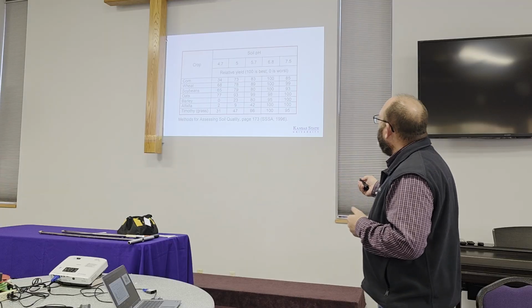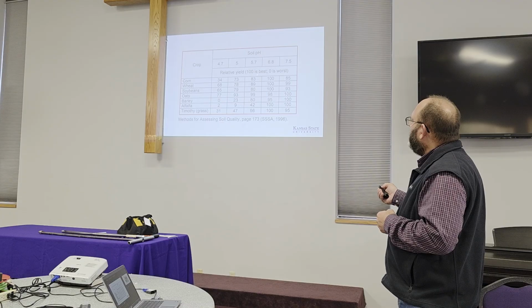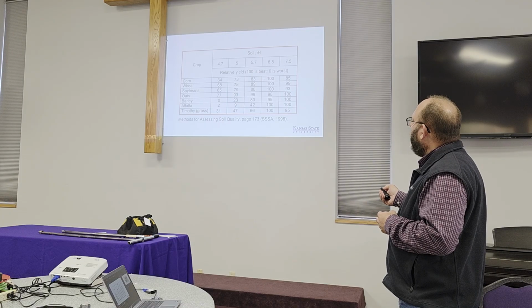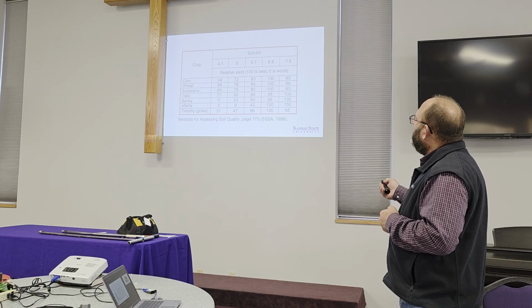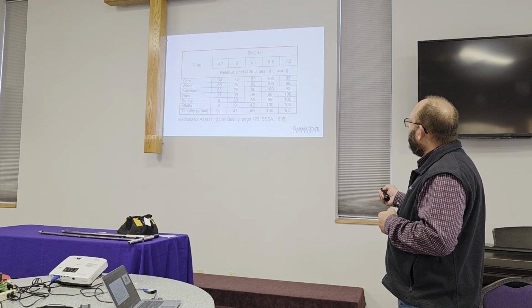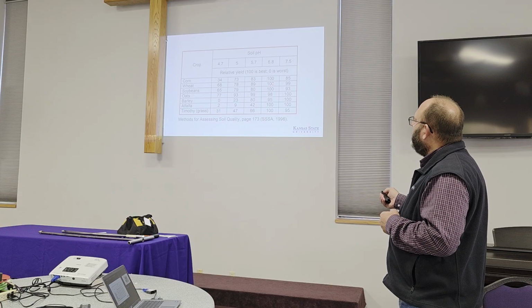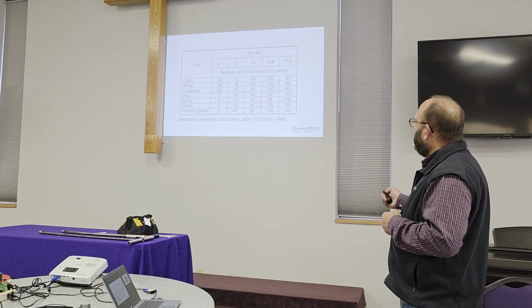So 100 is the best. That's where we're really optimizing that yield. And I'll focus here on corn, wheat, and soybeans. Soil pH of 6.8 is really where we're optimizing that relative yield.